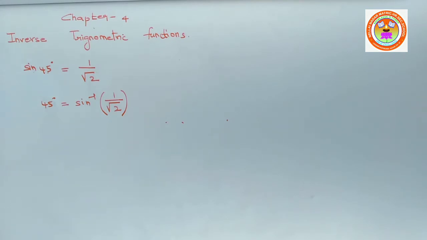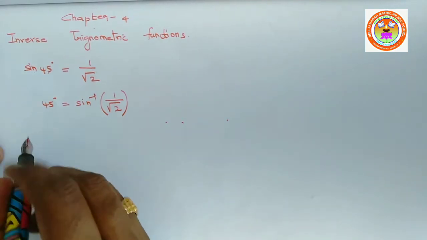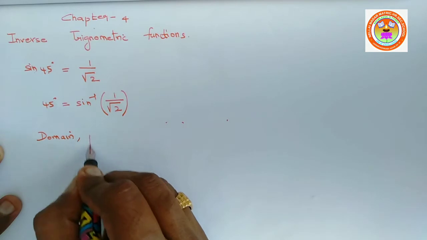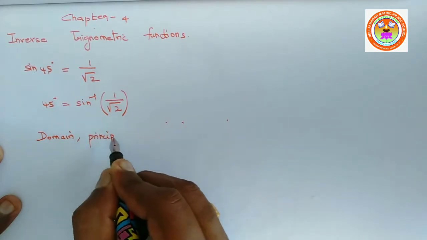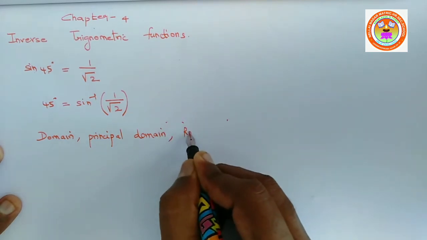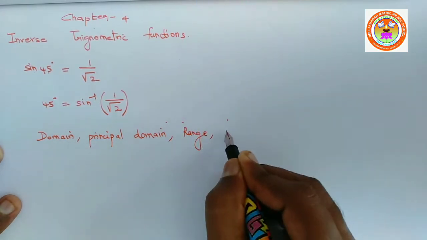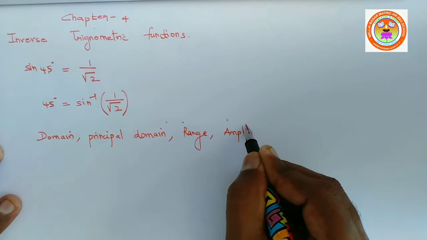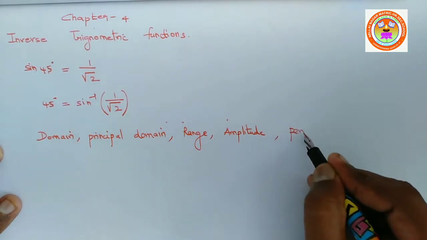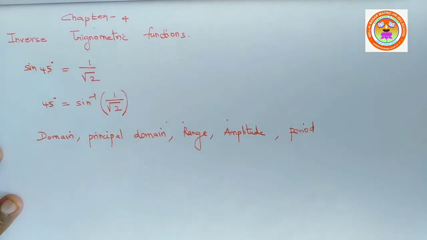In inverse trigonometry, we are going to see domain, principal domain, range, amplitude and period.